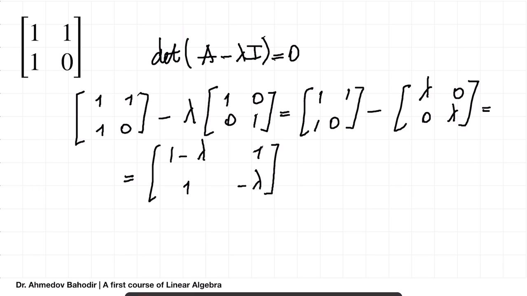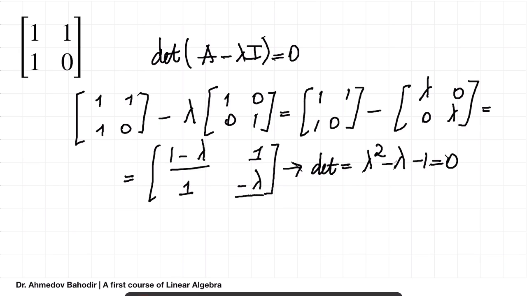So we need to find the determinant of this matrix and set it equal to 0. The determinant is this entry multiplied by this one, which gives lambda squared minus lambda, minus this multiplied by this, which is equal to 1. So this is equal to 0.